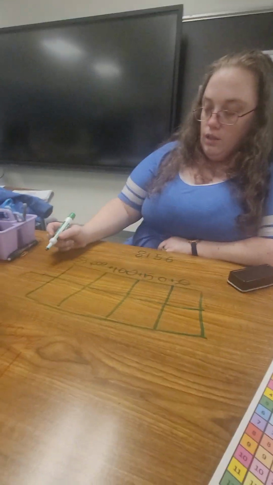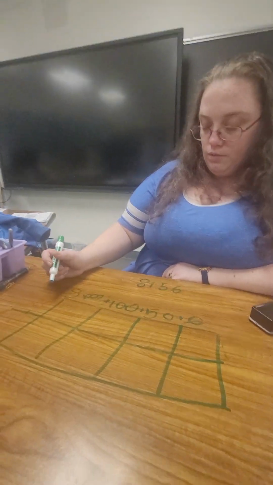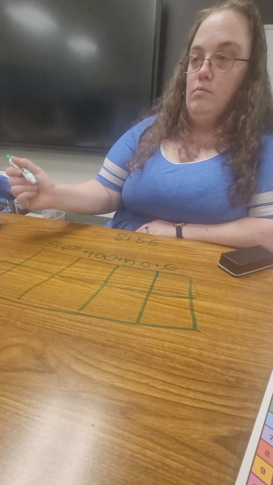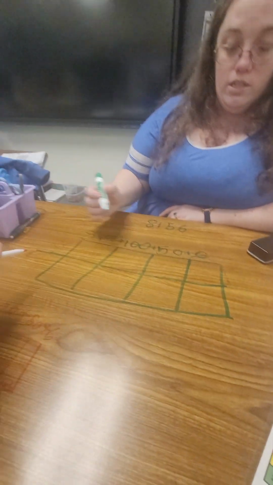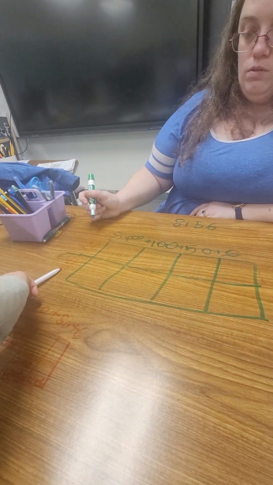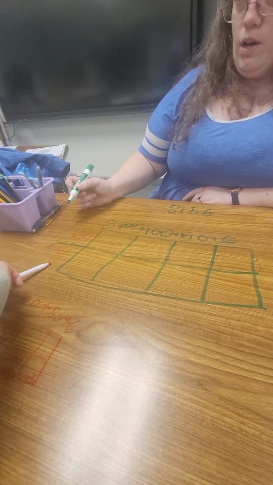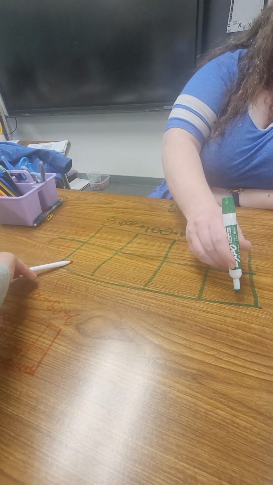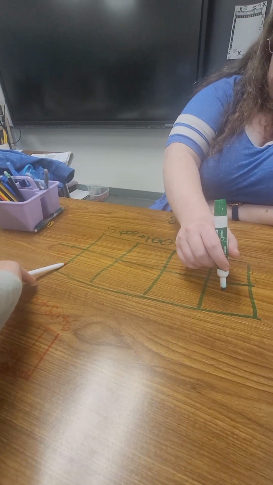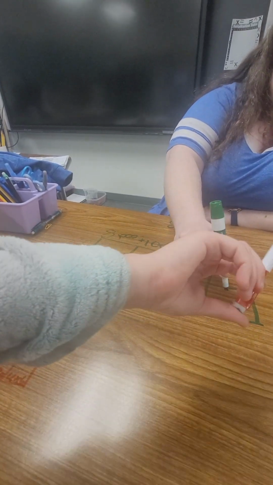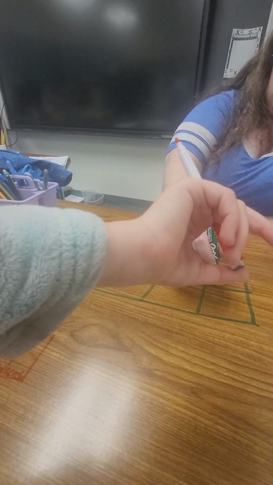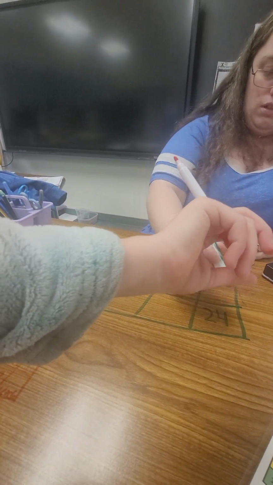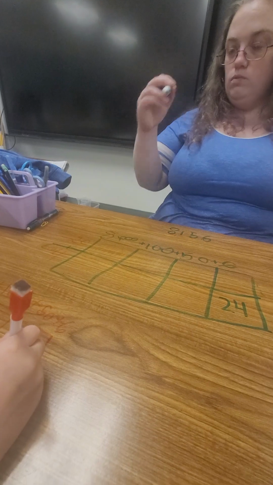Okay. Now, what's our first thing? We get cluster. You guys can both say it. We times the ones together. So we have 4 times 6. 4 times 6 is 24.